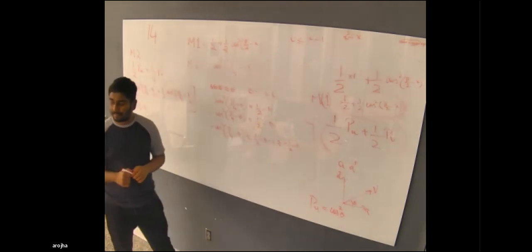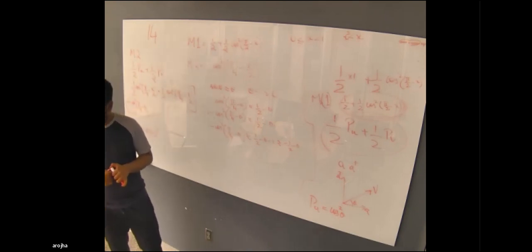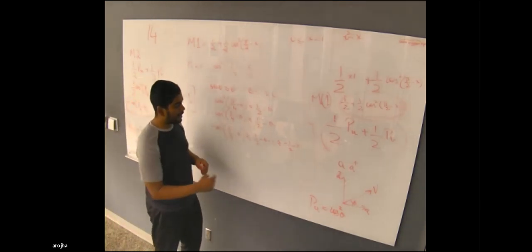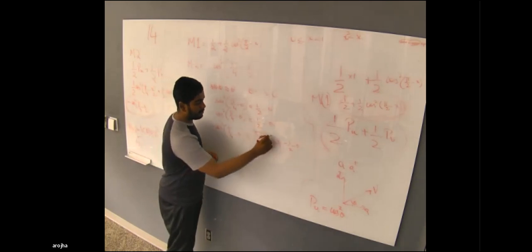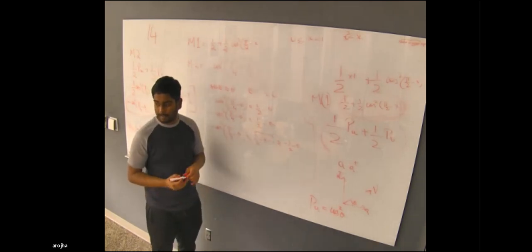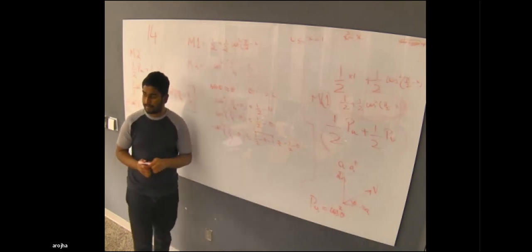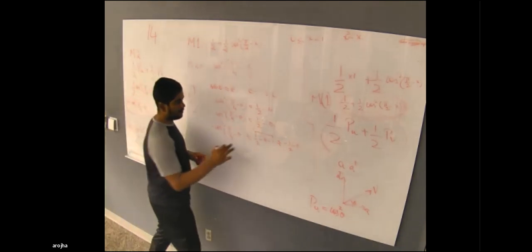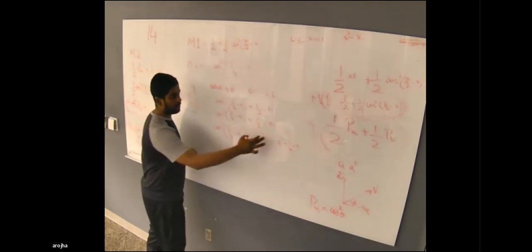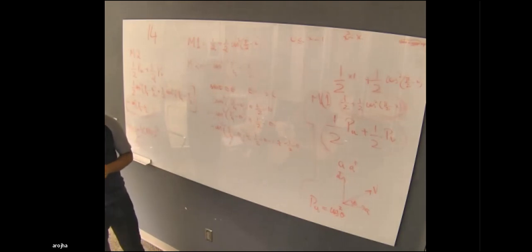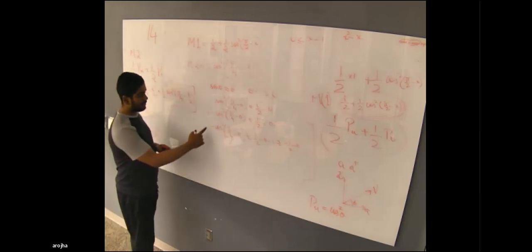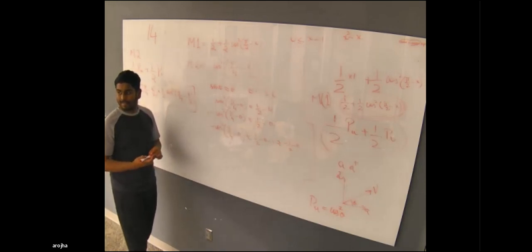I wrote negative cosine squared of pi over 4 minus theta tends to 1/2 minus theta minus 1, and I'm going to combine these two, 1/2 and minus 1, which equals minus 1/2. So you can rewrite the whole thing: cosine squared of pi over 4 minus theta tends to minus 1/2 minus theta. That makes sense.